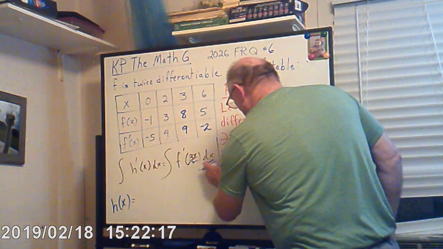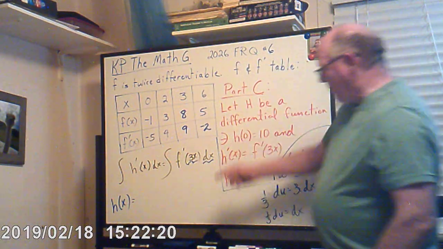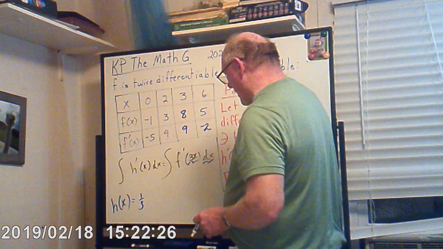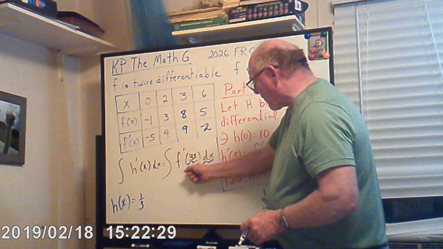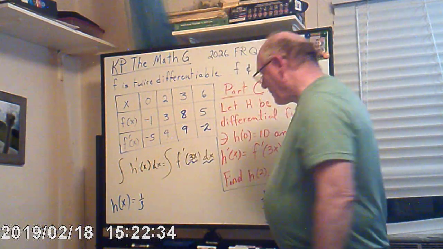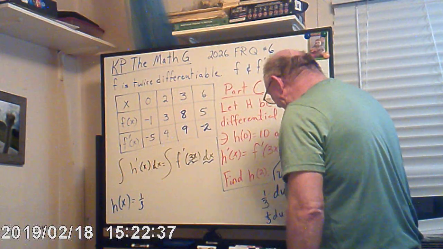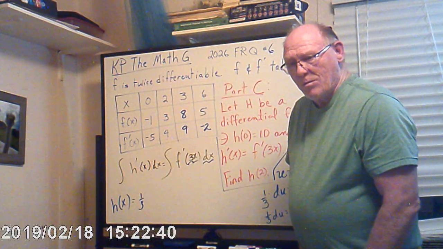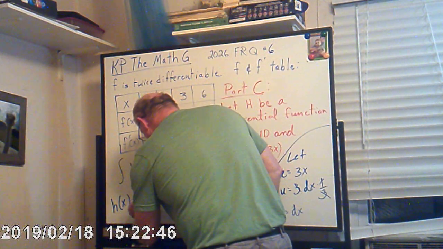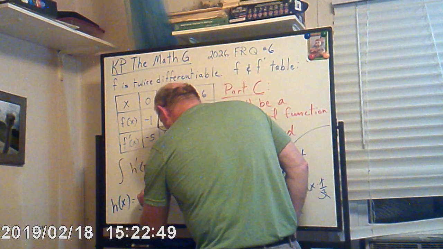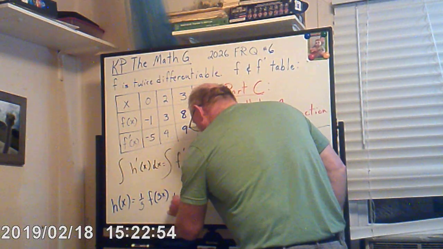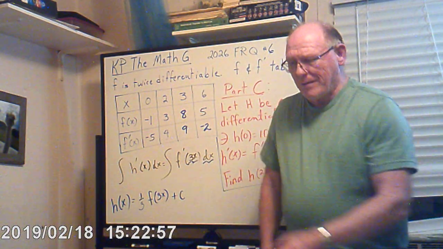That's what we want. Now be careful with that. You can't just put f at 3x. I made that mistake, I'm not going to lie to you. I forgot to do this first. Now, 1/3, and you still say 3x, but without the prime, and you've got to remember to put the constant of integration there.